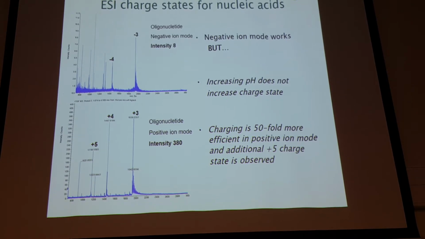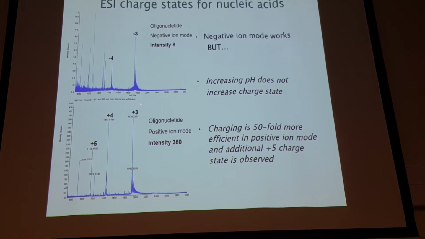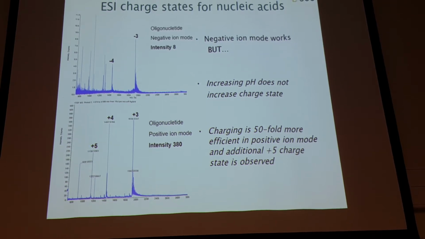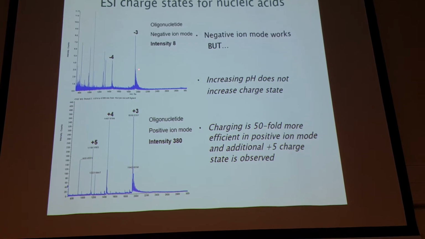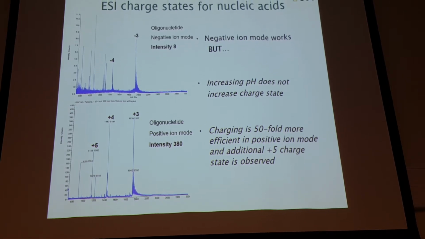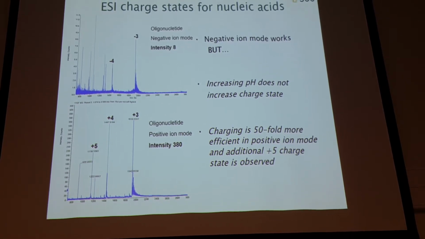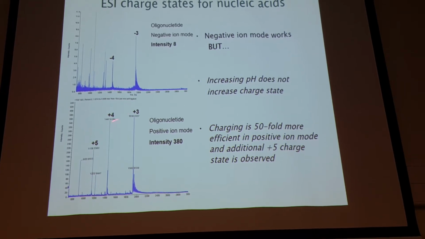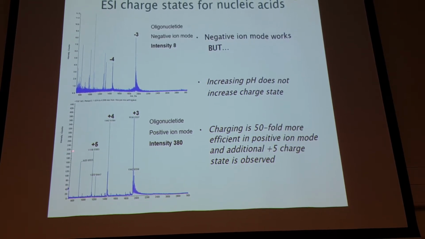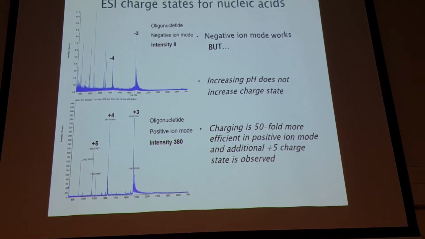But if you change the polarity, what you discover is it works actually much, much better. There is 40 times more signal here than there is there. It's the same analyte, it's the same buffer, just change the polarity. And also, you now have an additional charge state. So you have 5 protons sitting on that oligonucleotide.